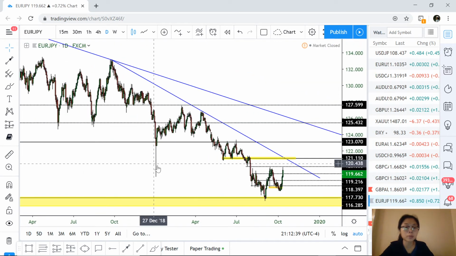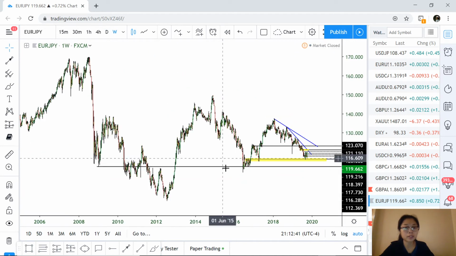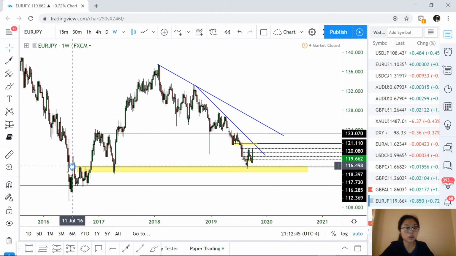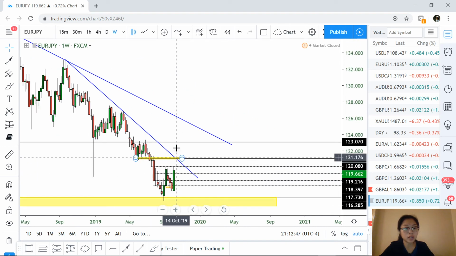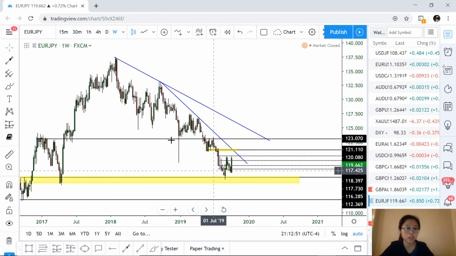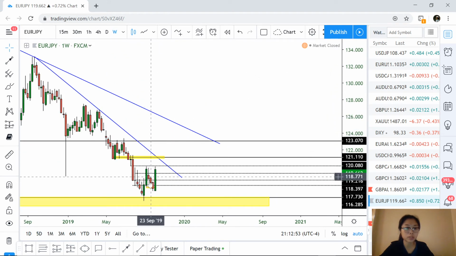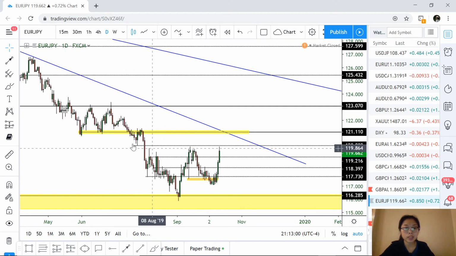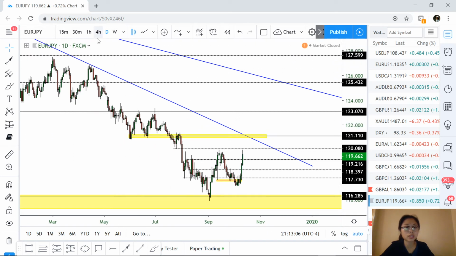Going to Euro Jappy, as you can see, we had two trend lines, and also a price wicked off. However, it did not come back down to retest our yellow zone, and price closed a bullish engulfing candle. I am seeing a long target into my yellow zone first, which is also the descending trend line.